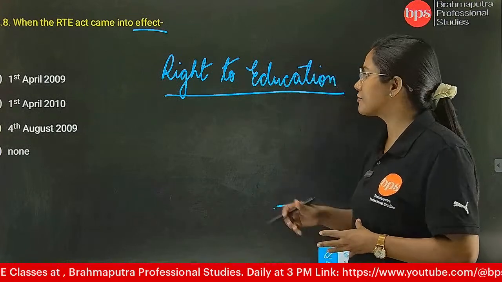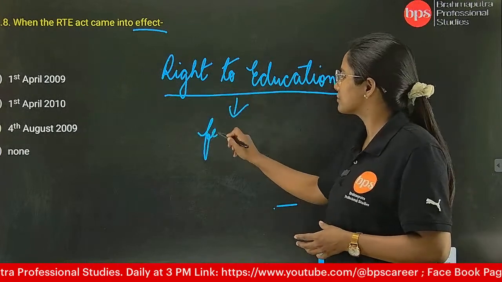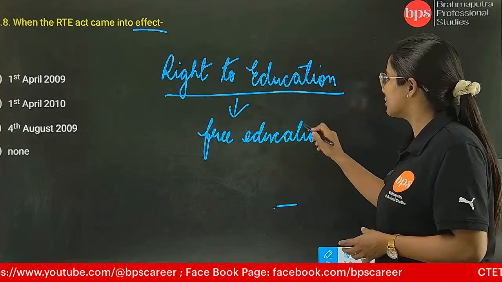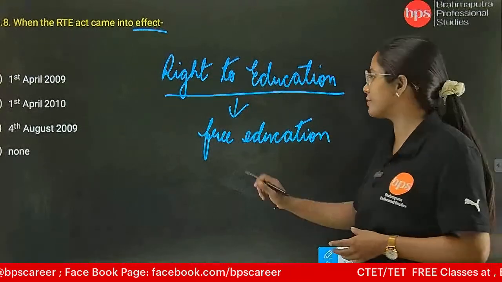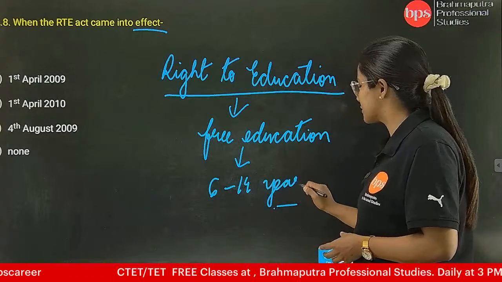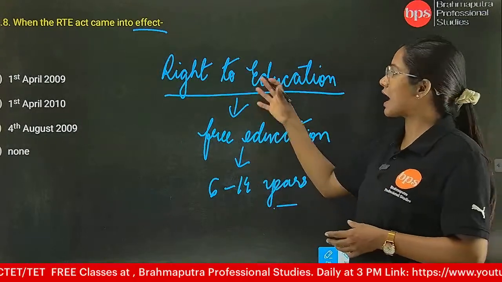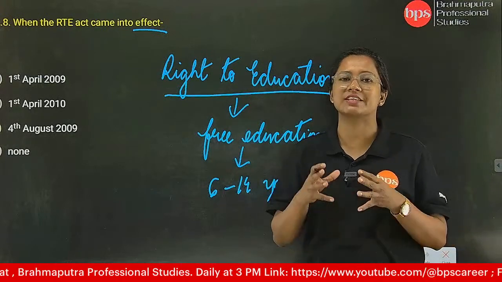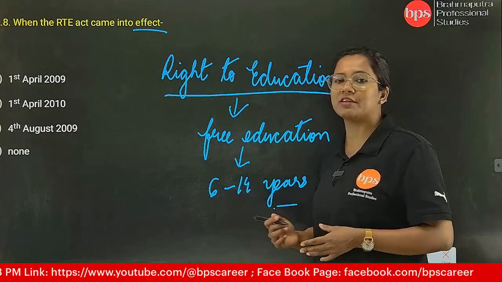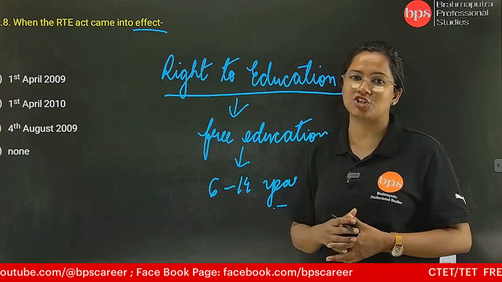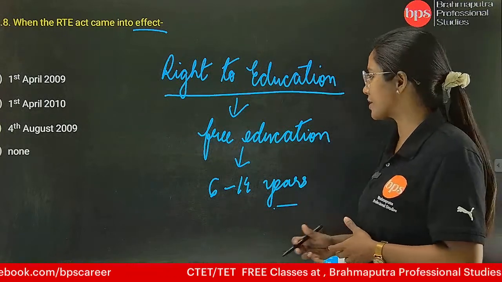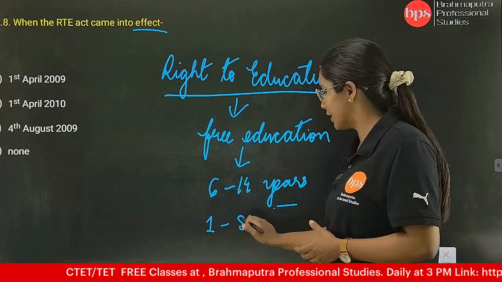It is giving free education. Okay? Free education to children from the age group of 6 to 14 years. So whenever you get the concept of RTE, it is the process by which each and every child from 6 years till the age of 14 can get education free of cost. Okay. So we can also say from class 1 to 8.